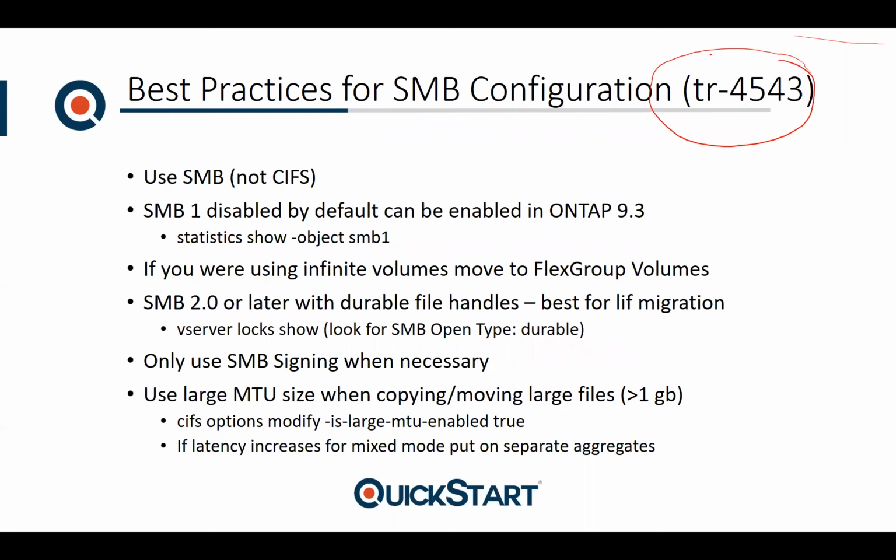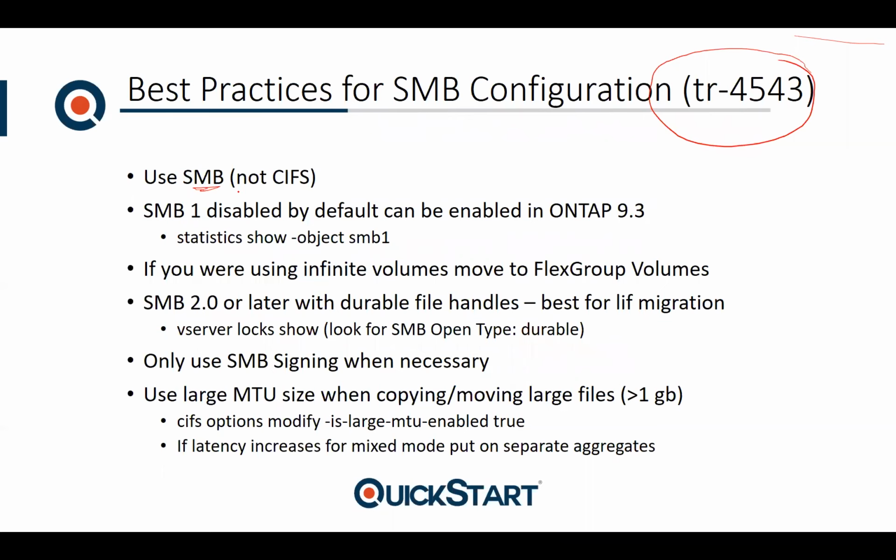So first off, we're going to start here with SMB. My first point is we now call it SMB and we don't call it SIFs. It's been SMB all along. SMB predates SIFs. It's just that Microsoft, with NT4, called the file sharing SIFs, and that's become our nickname for SMB.